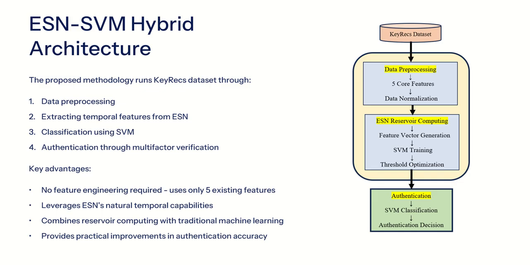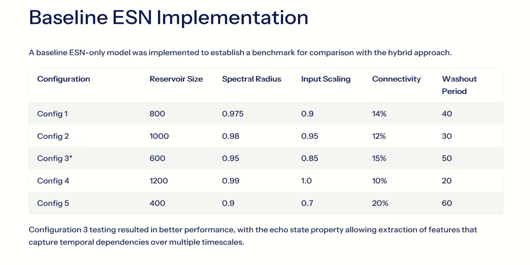So the advantage is that the echo state network requires no feature engineering. Only the 5 core temporal features are enough because the echo state network has natural temporal capabilities, and it provides practical improvements in authentication accuracy.